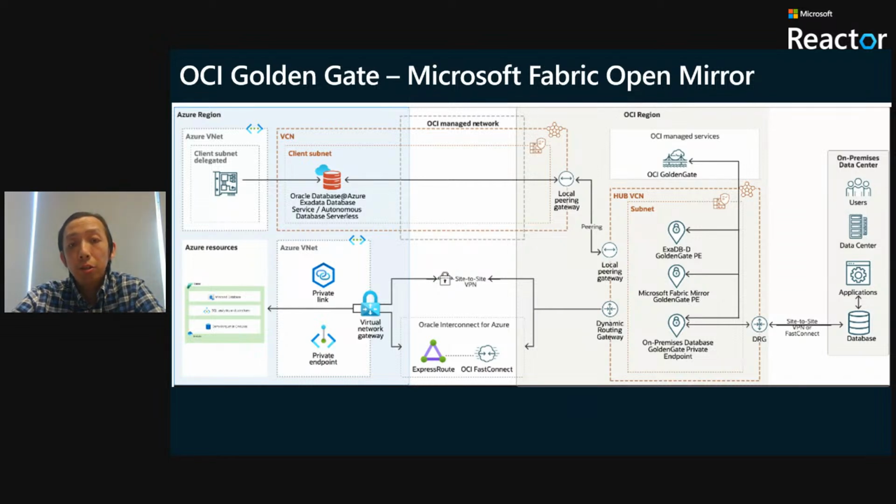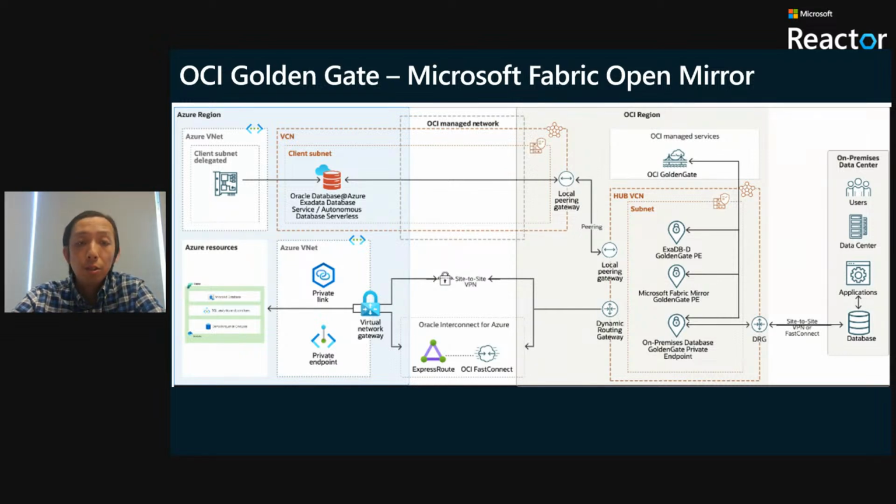Or, on the top left side, it can also use local peering gateways to connect to, for example, an Oracle database at Azure, in an Azure region, to fetch data from that Oracle database on Azure as changes land. Once GoldenGate extracts those changes from those different sources, either on-premises or from another cloud such as Azure, it can output those changes to the target, which is Fabric open mirroring or, for example, Lakehouse.